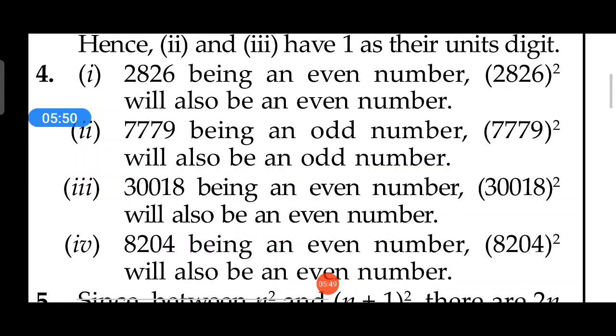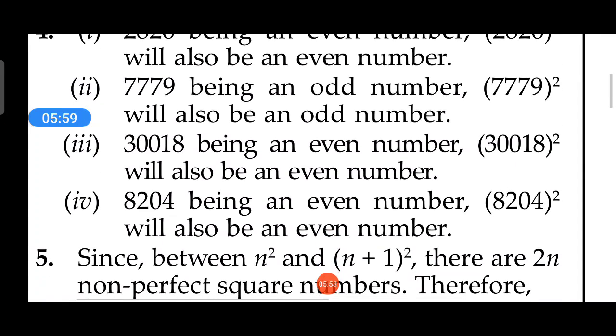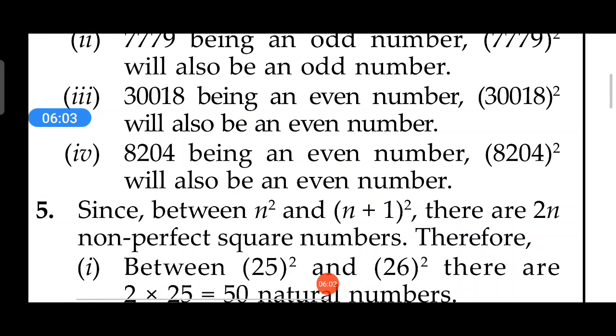So the last digit is 6, that is an even number; 9, that is an odd number; third, 8, that is an even number; 4, the last digit is 4, that is an even number.